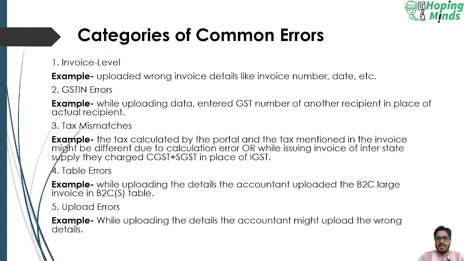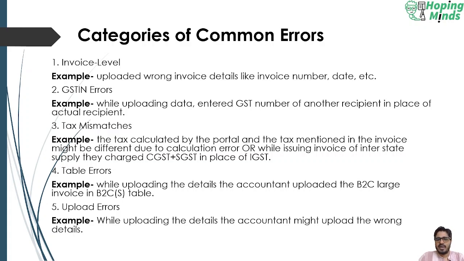So next are the GSTIN errors. Errors like uploading or entering the GSTIN of another recipient in place of the actual recipient, or it could be entering a wrong state code or extra digits or not in proper format or transposition or anything. It could be anything.